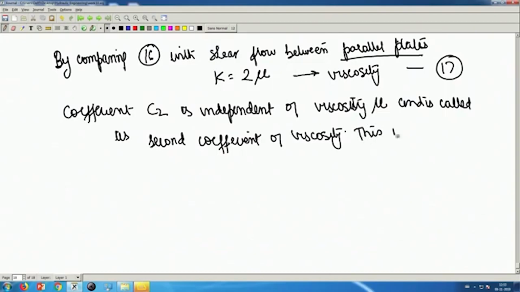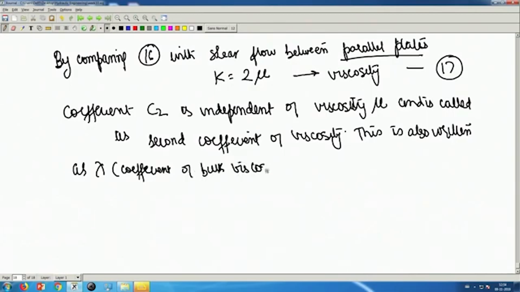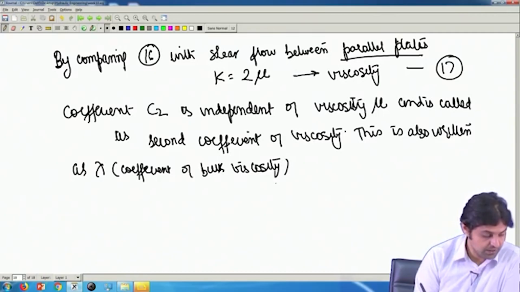This is also written as lambda, coefficient of bulk viscosity. All right.